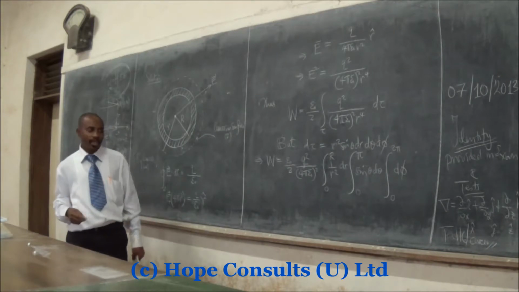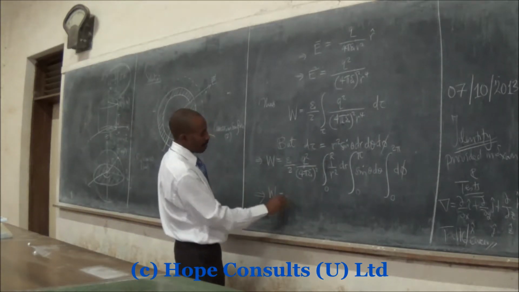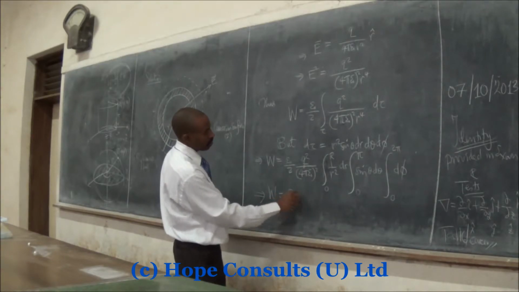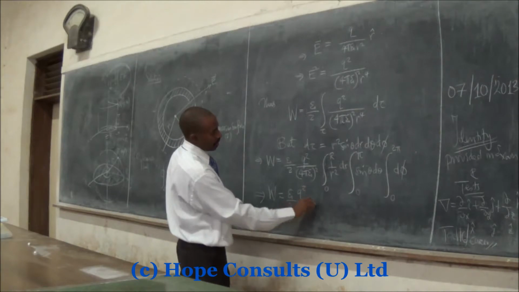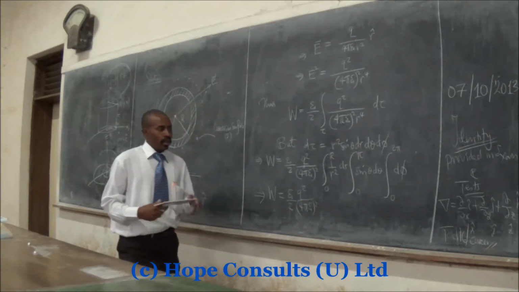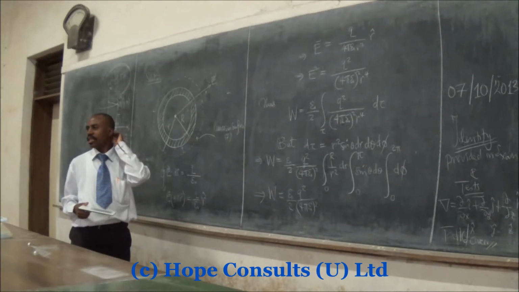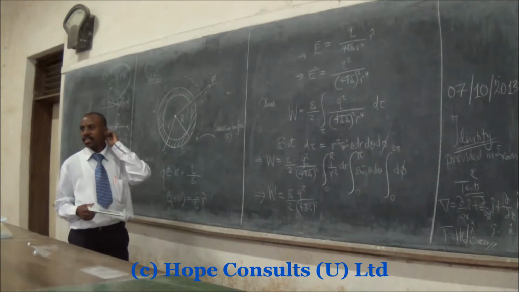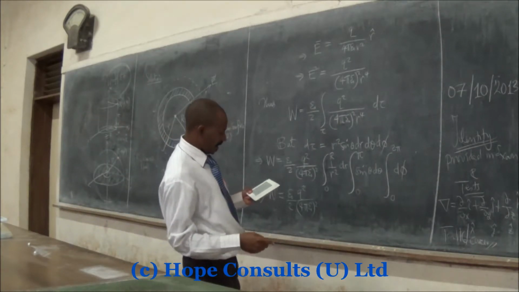So we do our gymnastics, implying that our W would be the same as epsilon naught over 2 Q squared over 4 pi epsilon naught squared. We add 1 to the index and divide by the new index, so we get minus 1 over r.